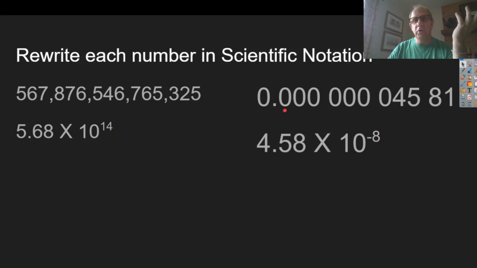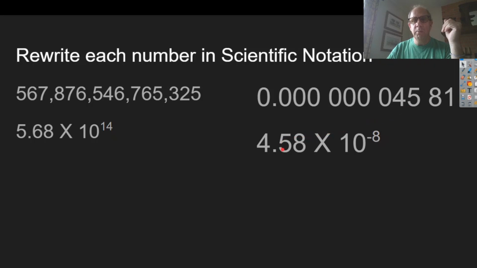This number, 0.00000004581, I'm going to take this decimal point and move it just past the 4. So that 4 is a number between 1 and 10. How many spots did I move it? 3, 6, 7, 8 spots.